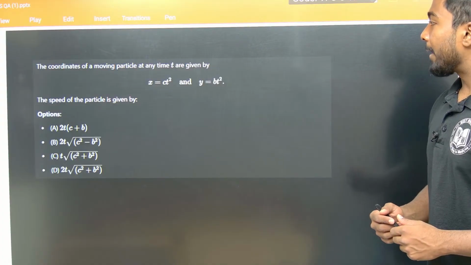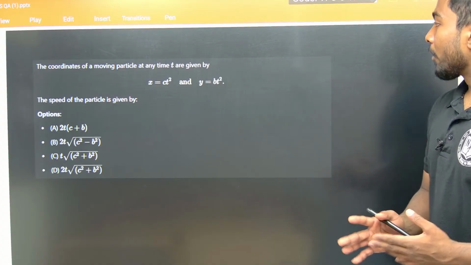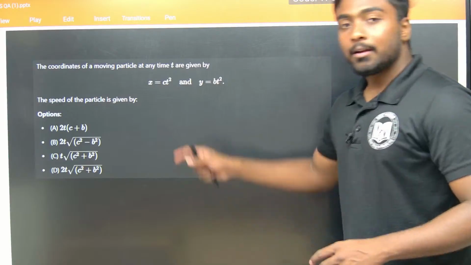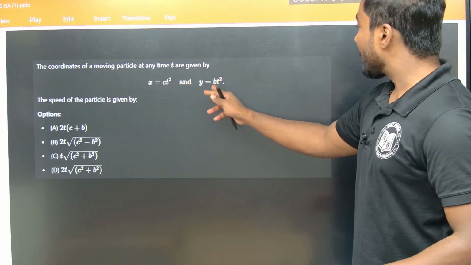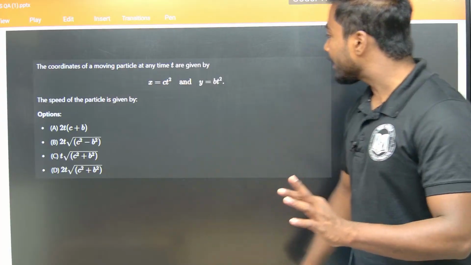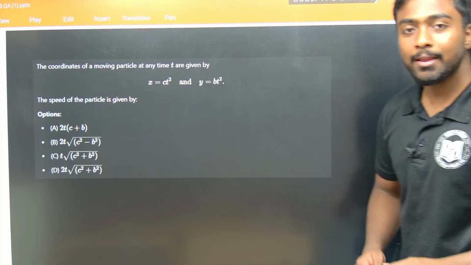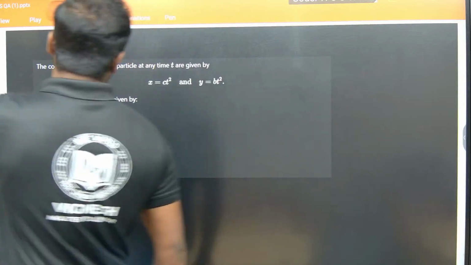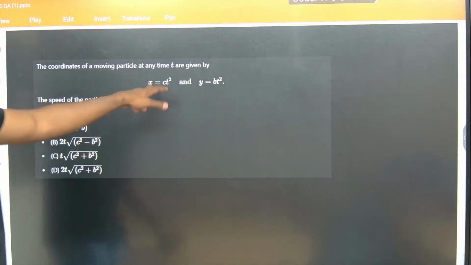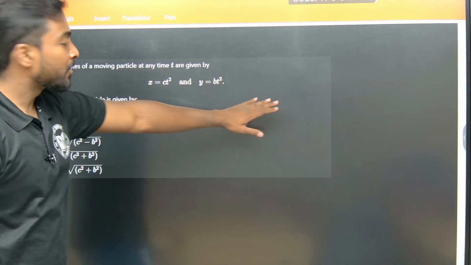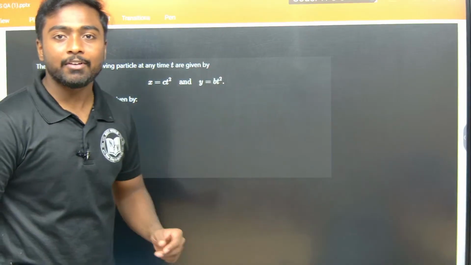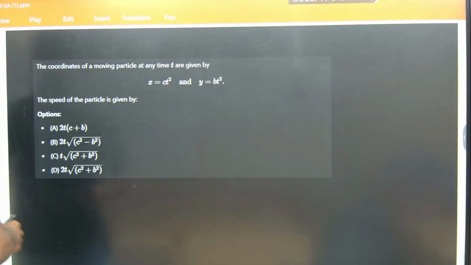The speed of the particle is given by, okay, I need to find dx by dt and dy by dt, and then I get the speed of the particle at a given time. These are the position of the particle, like displacement. So if I differentiate that, I will get the velocity or speed of the particle, right?